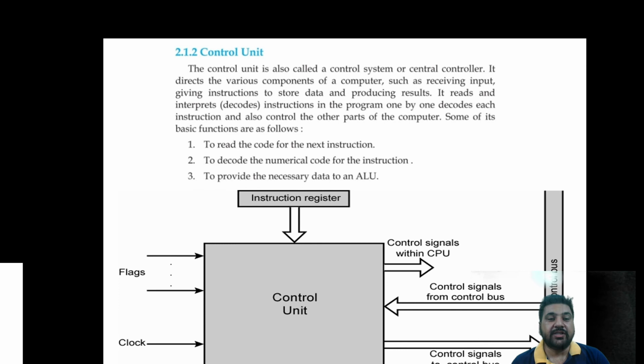Some of its basic functions are as follows: to read the code for the next instruction, to decode the numerical code for the instruction, and to provide the necessary data to an ALU. The full form of ALU is arithmetic and logic unit. In this figure you can see the control unit.